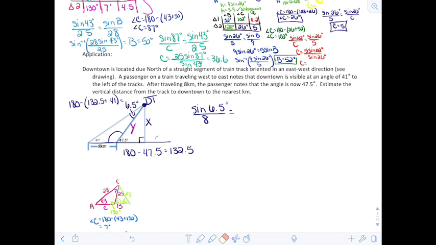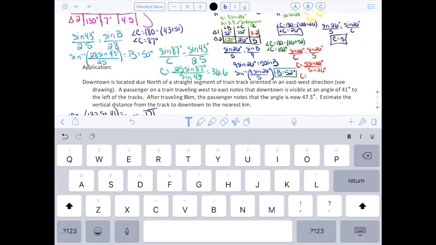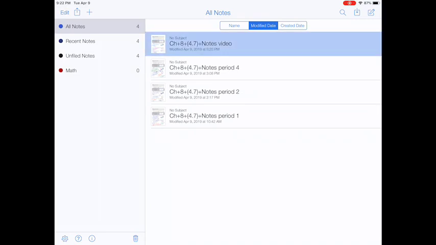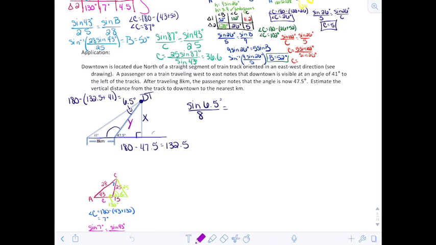But I'm actually going to stick to this y value, and I'm going to use the sine of 41. Oops, hold on. So this will be the sine of 41 over y.